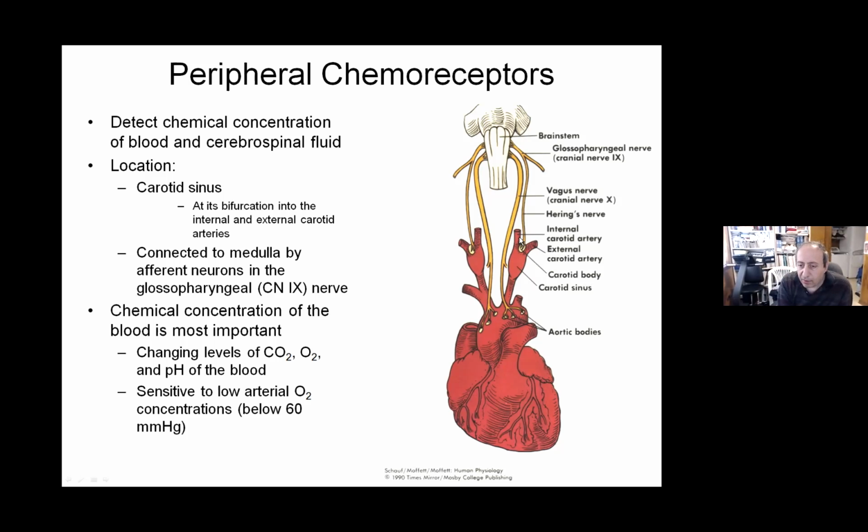They connect via the vagus nerve to the brainstem, and so they control the rhythmic activity of the central pattern generator.